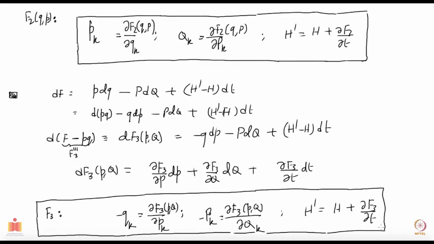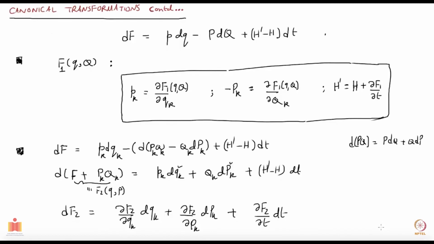Let's go here. I will now have to change both. Now I will take this df and change from dq to dp, and here from capital dQ to capital dP. Okay, that's what I'll do.